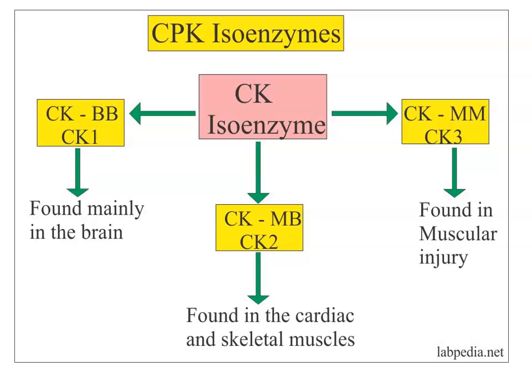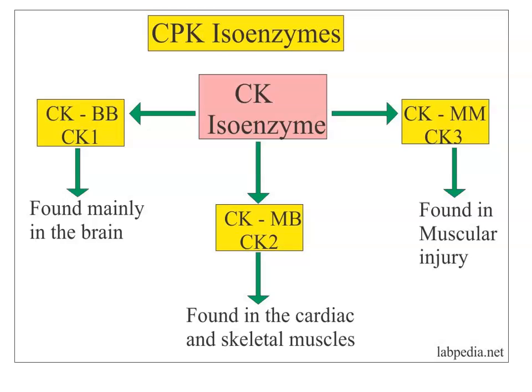So CPK has 3 isoenzymes, namely CKMM, CKMB and CKBB. CKMM is mainly present in skeletal muscles. CKMB is mainly present in cardiac muscle and CKBB is mainly present in the brain. So any skeletal muscle injury would result in increased levels of CKMM in the blood.